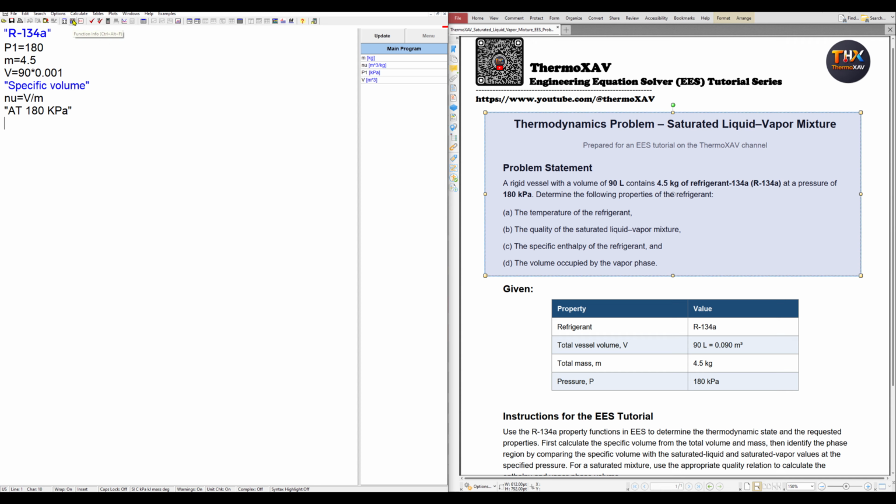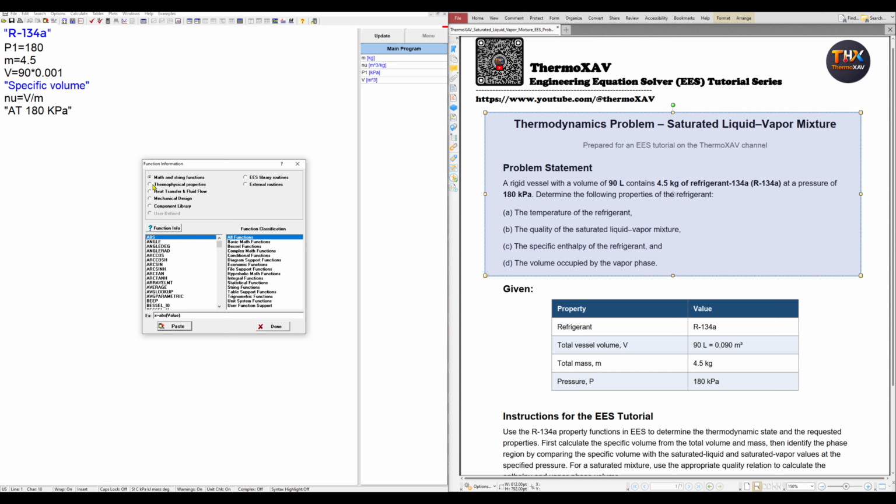To do so, I go to the function information, thermophysical properties, find the refrigerant, which is R134A. Here I can select it under this column, and then go to the volume, which is this specific volume. When I click here, you see this unit is cubic meter per kilogram.